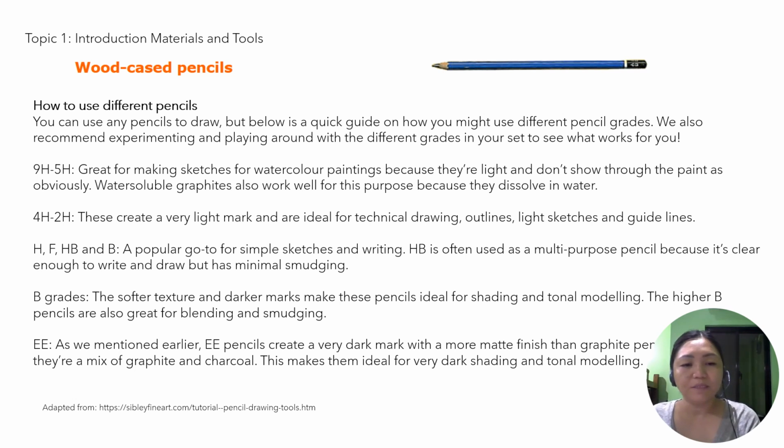For grade EE, as we mentioned earlier, EE pencils create a very dark mark with a more matte finish than graphite. These are a mix of graphite and charcoal, which makes them ideal for very dark shading and tonal modeling.